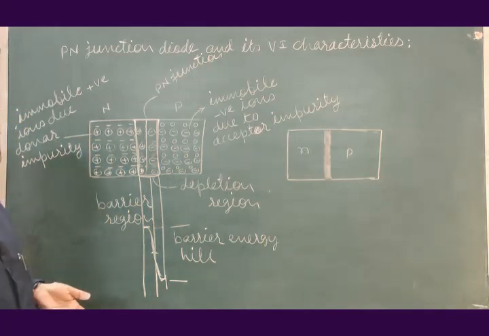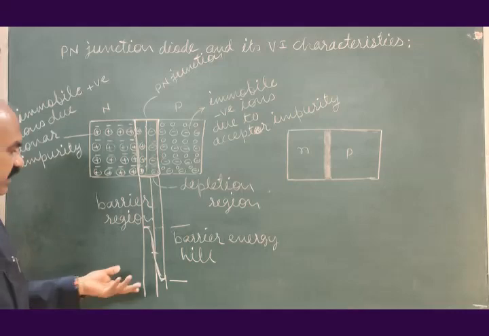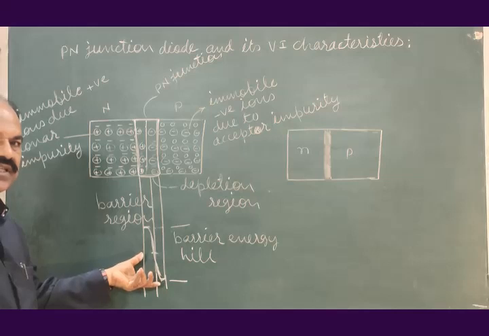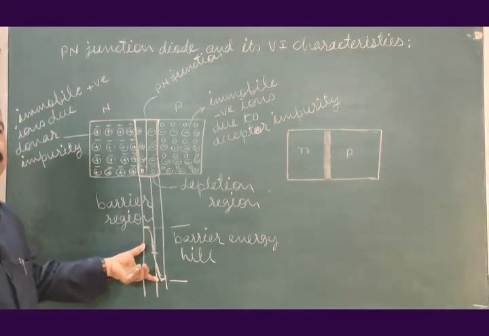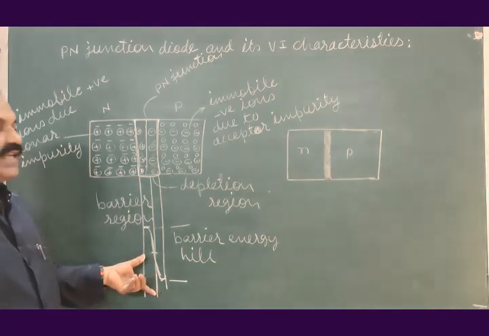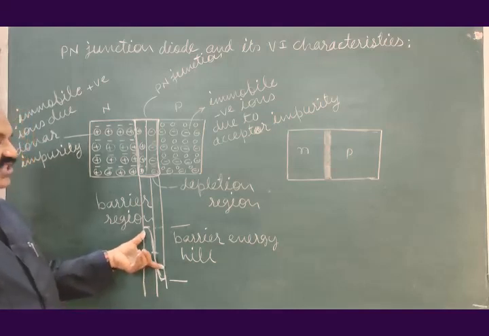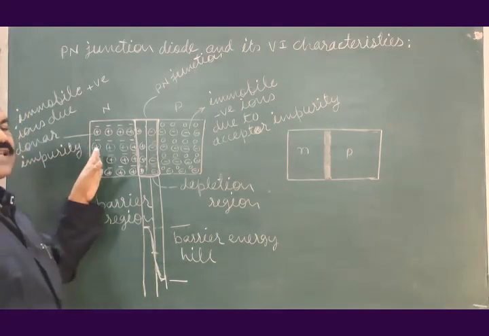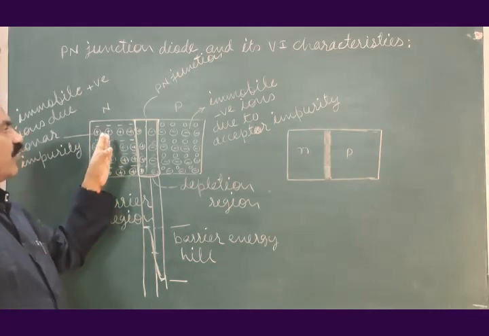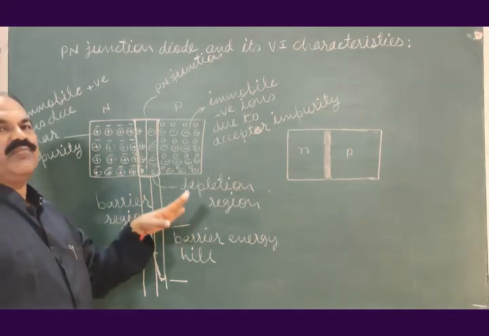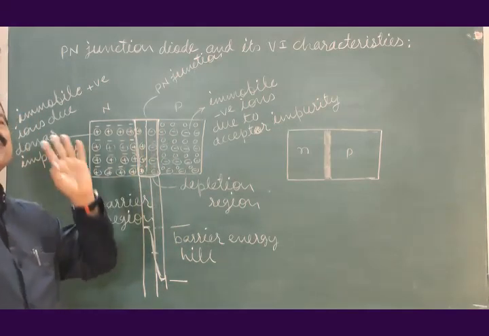If we want this to happen, the charge carriers have to receive energy greater than or equal to this energy hill. If the charge carriers get energy greater than or equal to this energy hill, electrons can freely move from n type to p type crossing the junction. Holes can freely move from p type to n type crossing the junction.